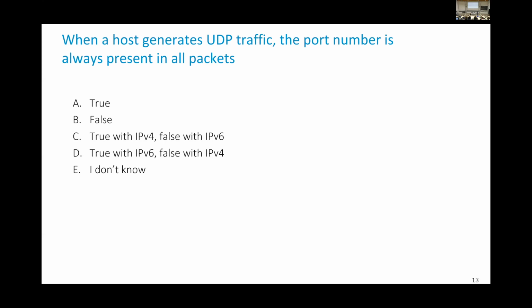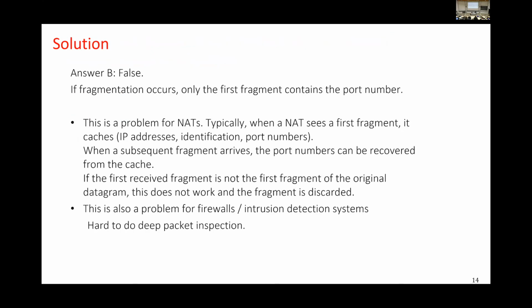The majority says A, which sort of makes sense, but the correct answer is B. Because of fragmentation. Remember, we talked a lot about TCP, and we should avoid fragmentation.